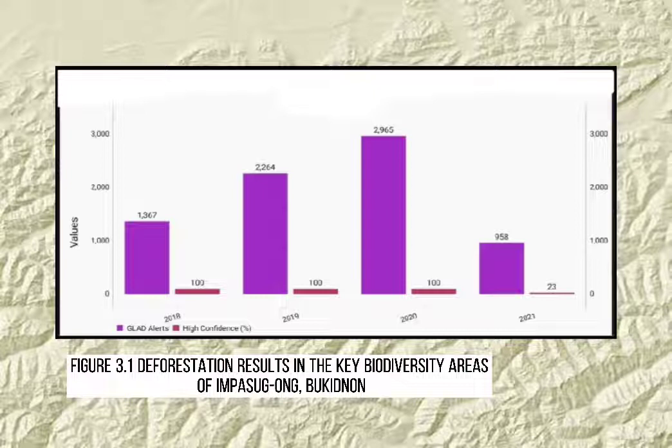This is equivalent to 90% high confidence alerts. All the GLAD alerts in the years 2018, 2019, and 2020 are equivalent to 100% high confidence alerts, and only the year 2021 has 23% high confidence alerts.